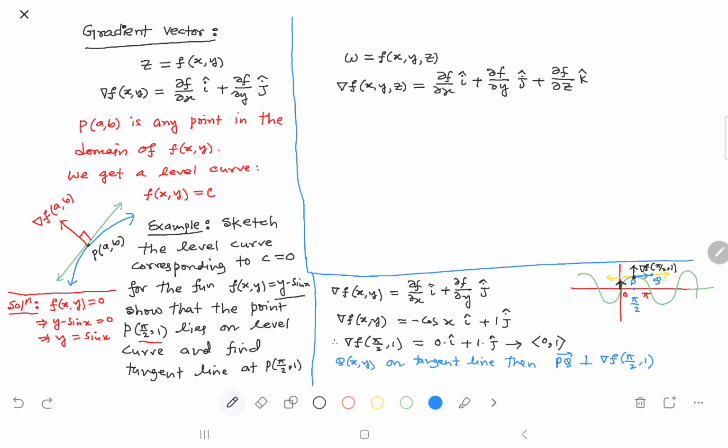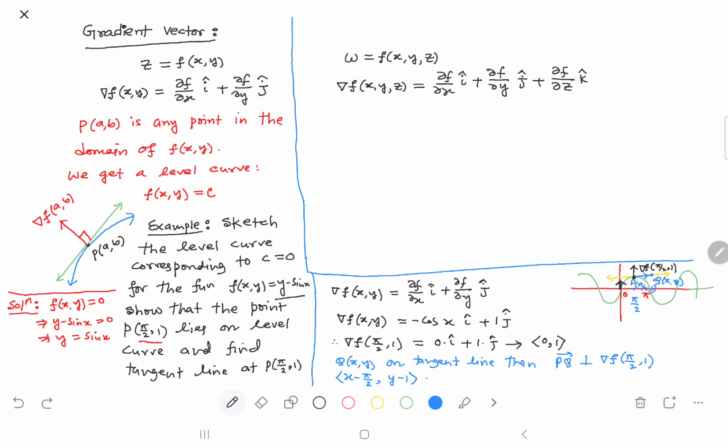We know the PQ vector is given by x comma y minus pi by 2 comma 1. So the PQ vector will be x minus pi by 2 comma y minus 1.